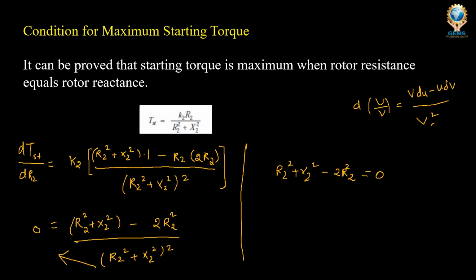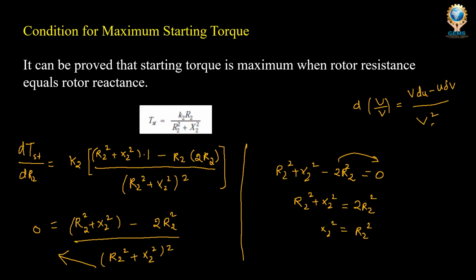So now we can send this to that side. We will get R2 square plus X2 square equal to 2 R2 square. If we send this R2 square to that side, X2 square equals 2 R2 square minus R2 square, which equals R2 square.